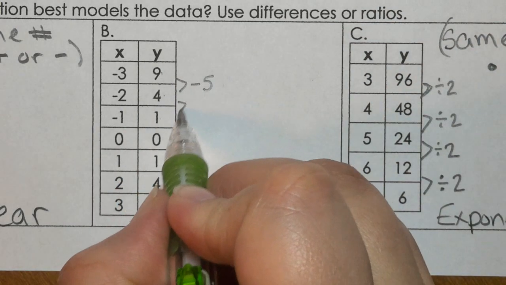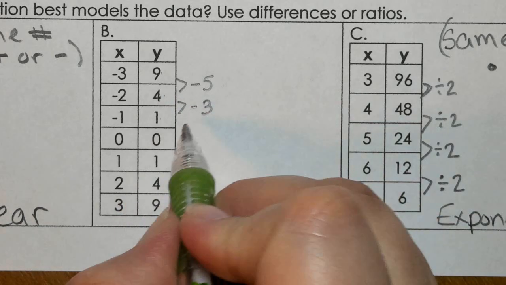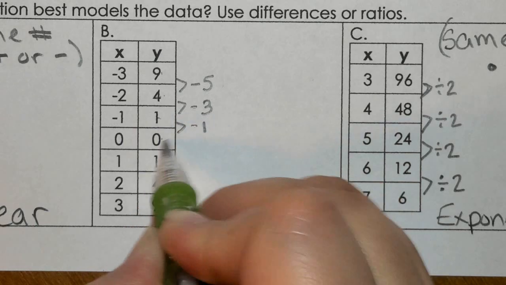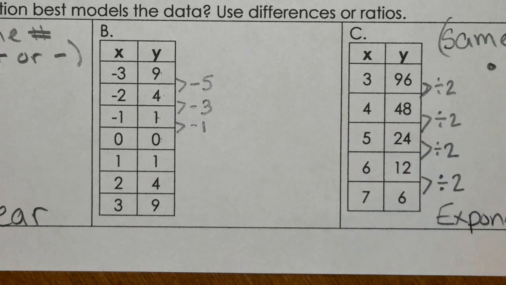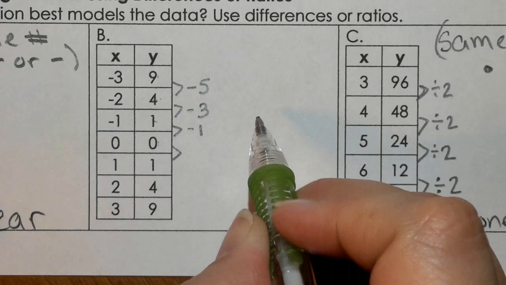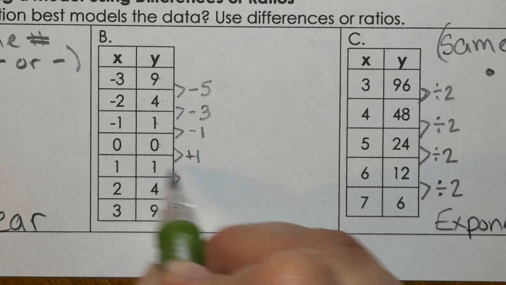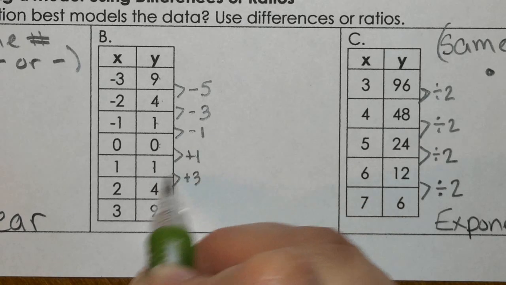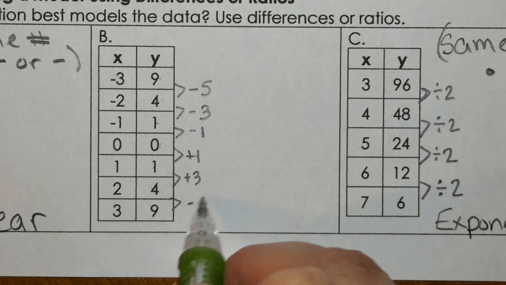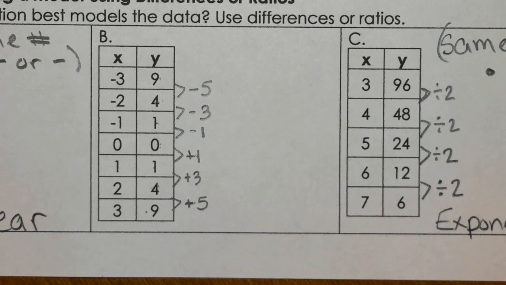From 4 to 1, it's a minus 3. So 4 minus 3 is 1. From 1 to 0, that's a minus 1. So 1 minus 0 is 0. But then I notice from here to here, we're increasing by 1. 0 plus 1 is 1. 1 plus 3 is 4. And 4 plus 5 is 9.